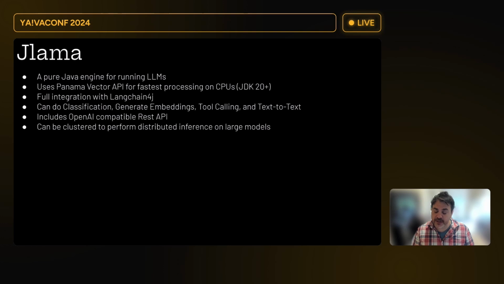It's fully integrated with LangChain4j, so that you can do tool calls, you can build agents, you can do vector search, etc. It excels at doing classification, embeddings, tool calling, and just text to text chatting.